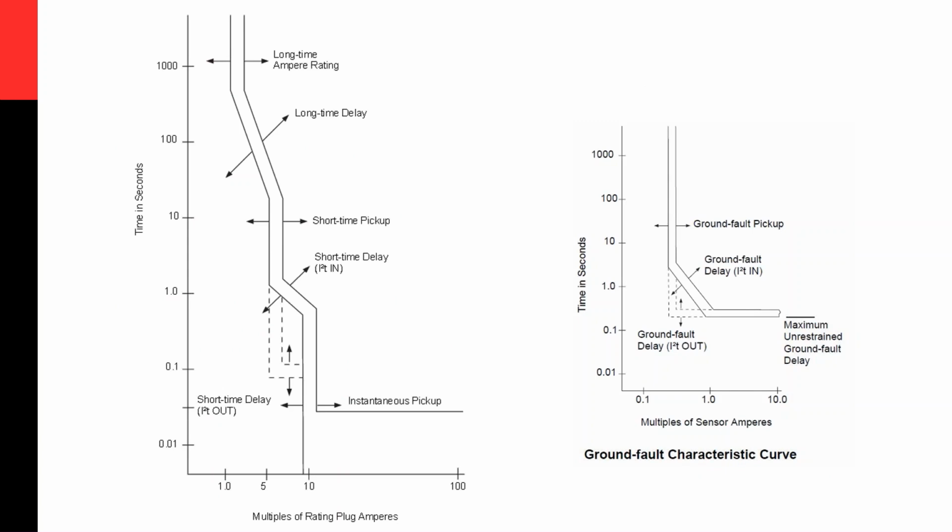So you have a portion that is long time, short time, instantaneous, and as you can see, these curves are always log-log curves, so they are scaled in decades, and the x-axis, so to speak, is the current, and the y-axis is the time.